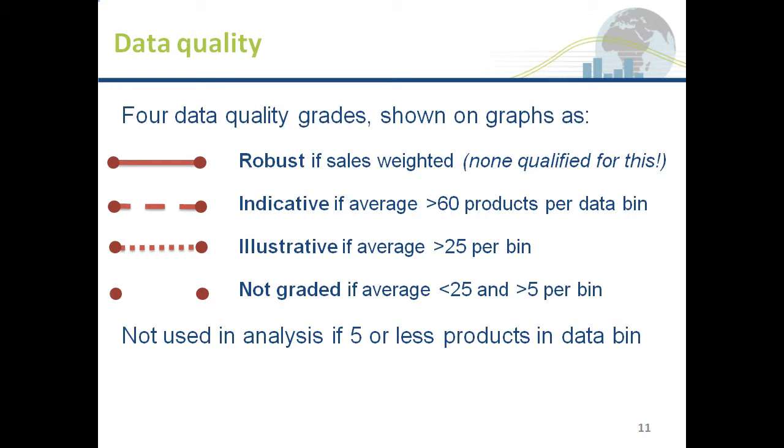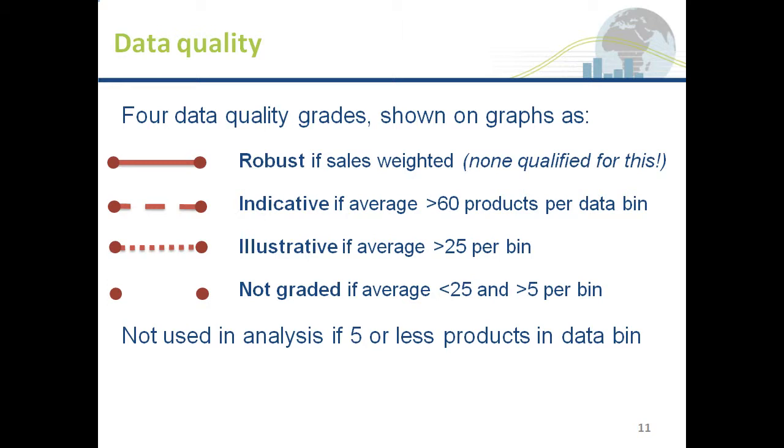Now, in the graphs that we will be looking at shortly, you will see different line types joining the dots on the graphs, and this indicates the data quality or how robust the data is for each country. Firstly, the data that we call robust would be sales weighted data, and that would have a solid line joining the dots.